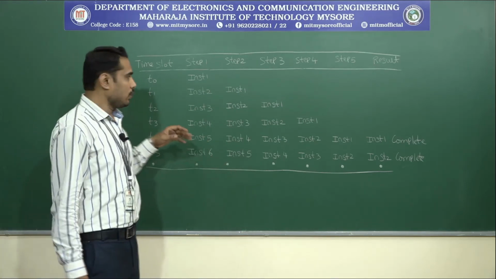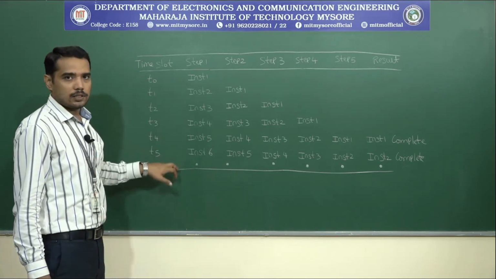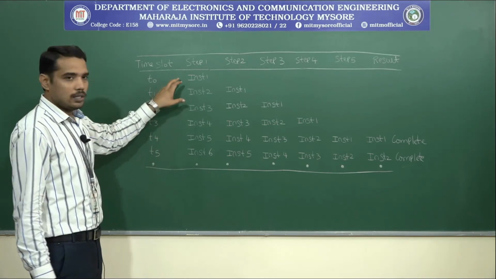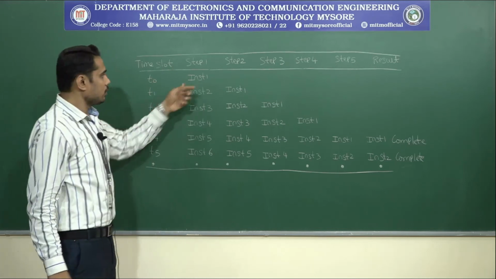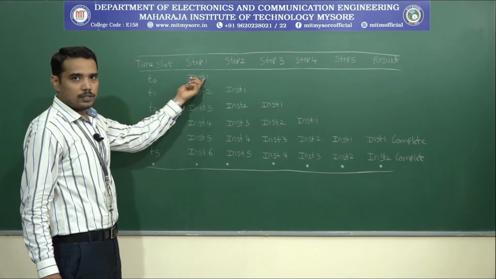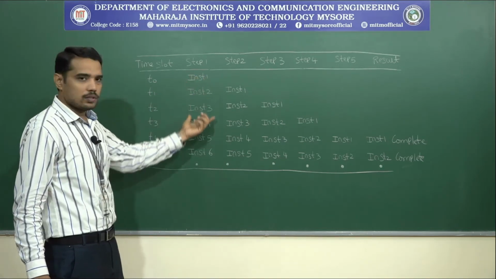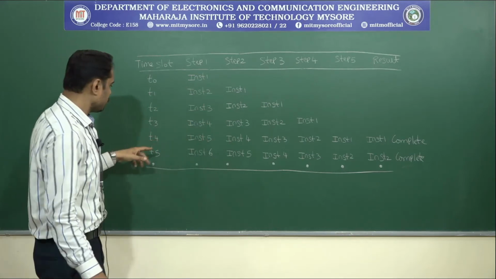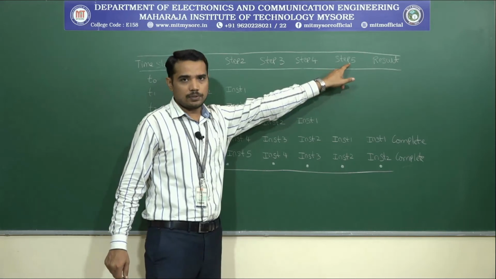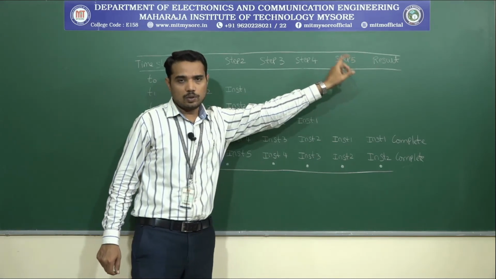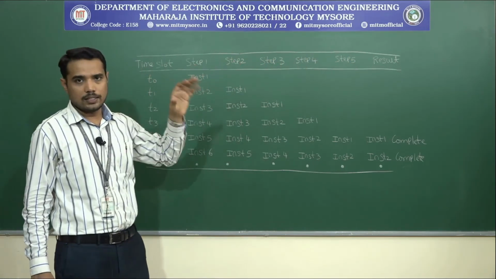In this, we have taken 6 instructions. The first instruction, instruction 1, is divided into several steps, say 5 steps. We have divided into 5 steps for executing each instruction.